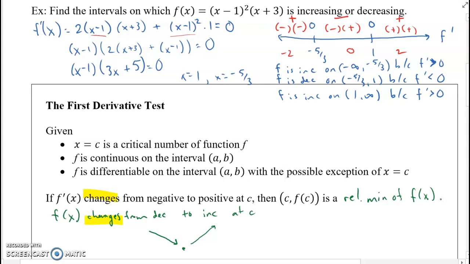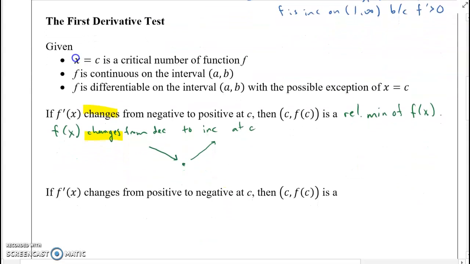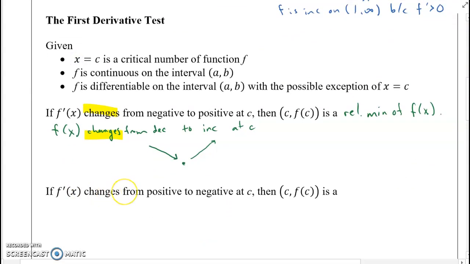So 9 times out of 10, when you're using the first derivative test, after you find the maximum or minimum, in this case minimum, it'll ask you to justify your answer, and the justification will always be because f prime of x changes from negative to positive at x equals c. Or we might see the opposite reason: f prime of x changes from positive to negative.